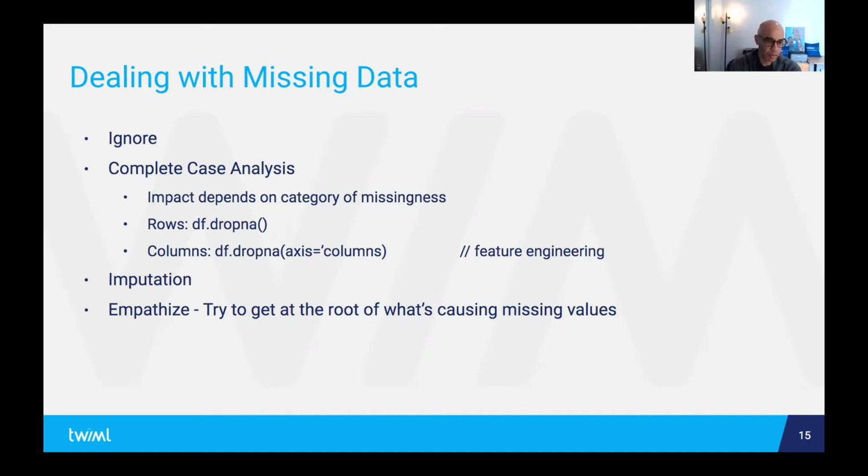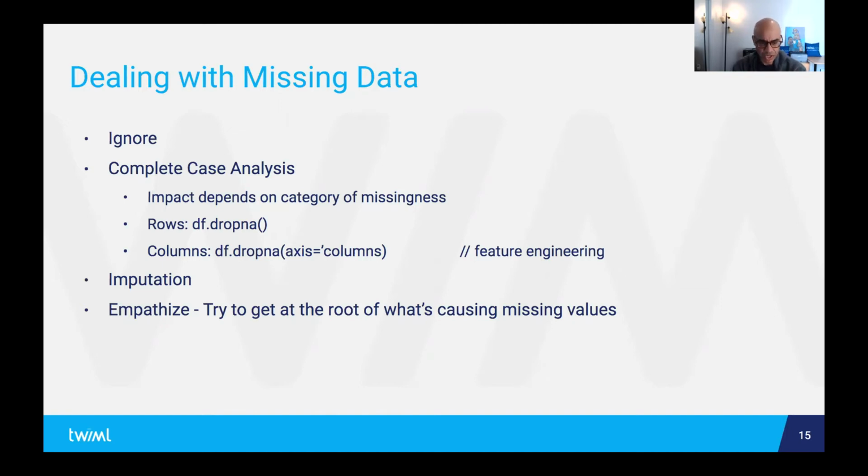Another popular approach is what they call complete case analysis. You can think of complete case analysis as meaning we're only going to consider data that we've got a complete record for. In other words, we're just going to drop rows that have missing data in them.